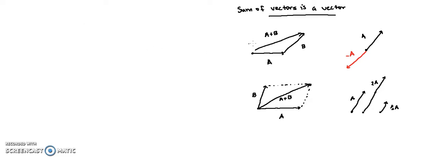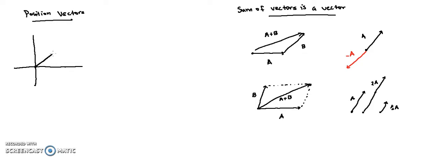Of course, we need a way to be able to quantify all of this, so we can look at position vectors. So these are vectors that would be with their initial side at the origin. And it would look like this.